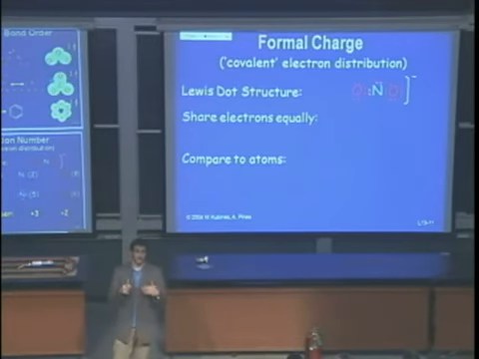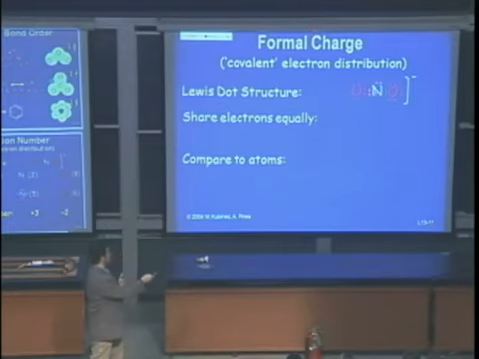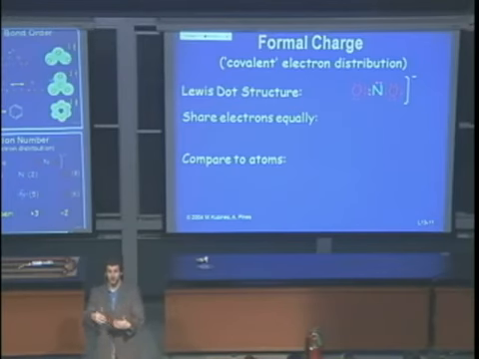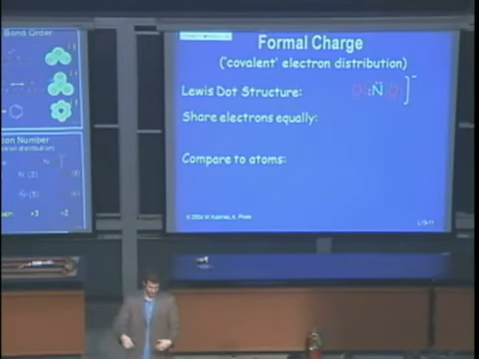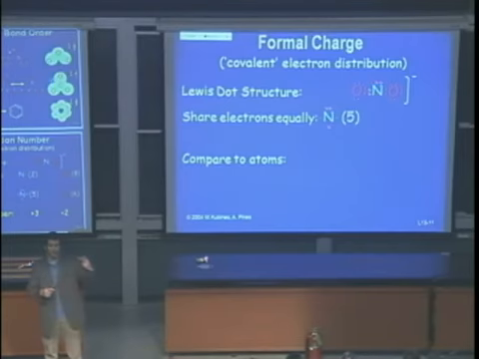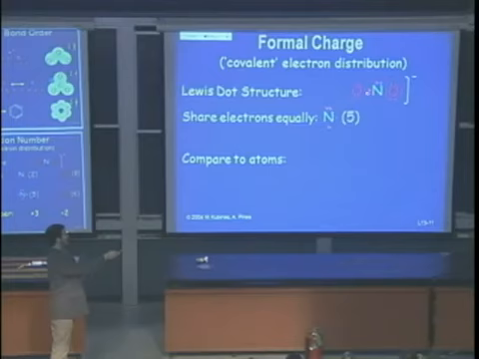And formal charges give us the charge of each individual atom, and the sum of the formal charges on the atoms must equal the overall molecular charge. So the way we start this is we share electrons equally. I look at nitrogen. It's got this lone pair, which it isn't sharing with anyone, so those 2 electrons belong to the nitrogen. We go to the bonding electrons, and we share them equally across the bond.